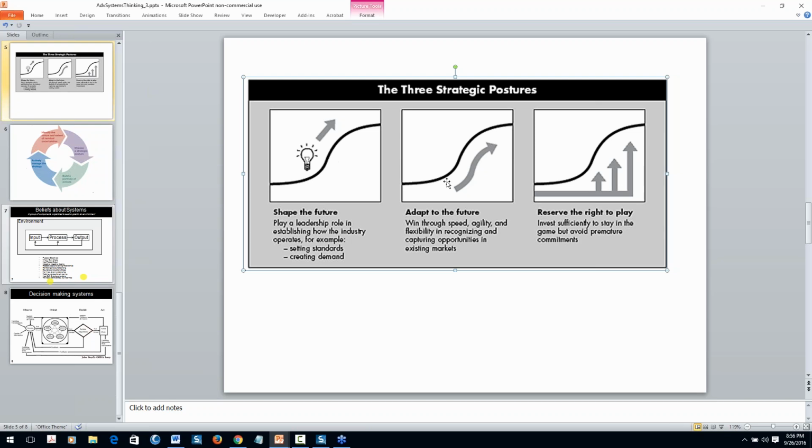The second one is an adaptation to the future, and that's one in which you might do something like sector rotation and try to quickly adjust your position as the market backs and fills and cycles through different rotational leaders. The third option is this idea about reserving the right to play, and that's one in which you have enough money in to establish an initial position, but you reserve the right to play.